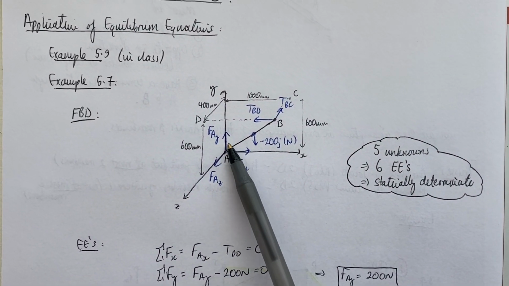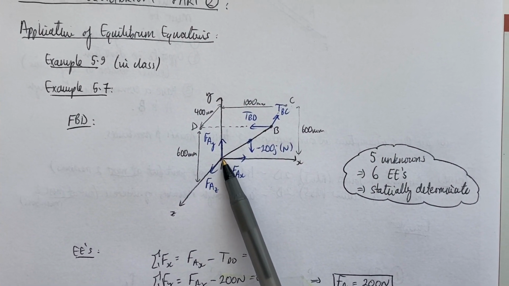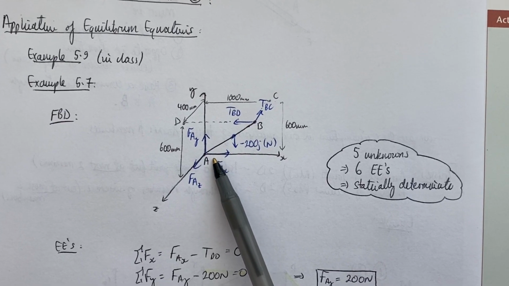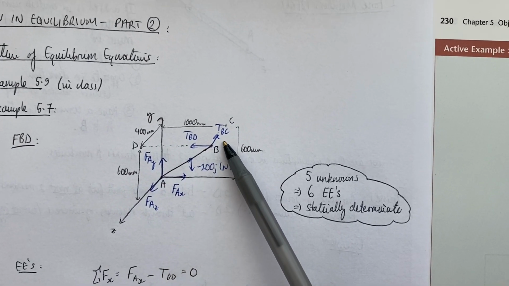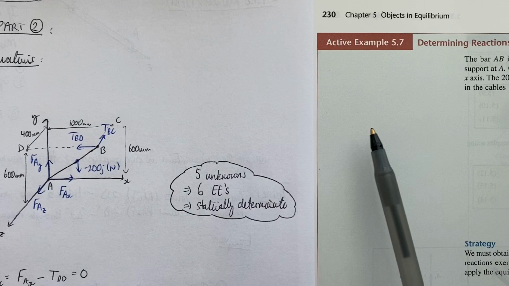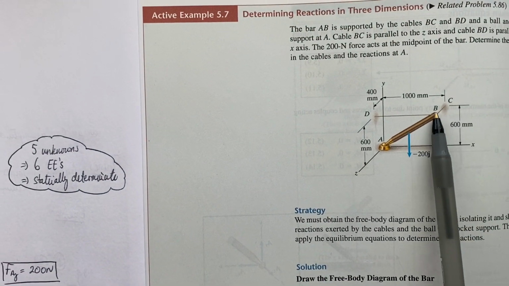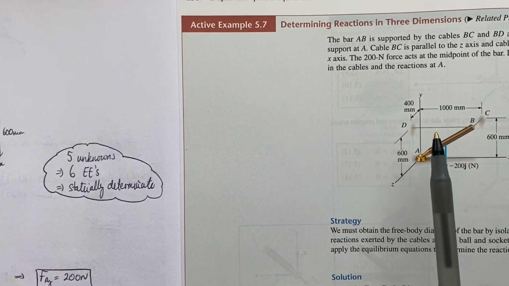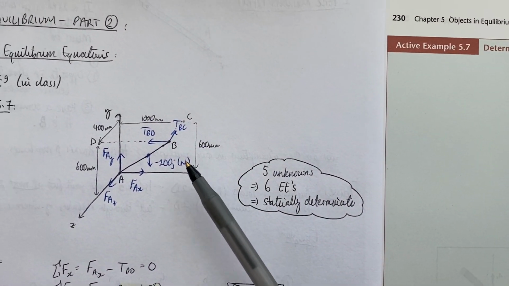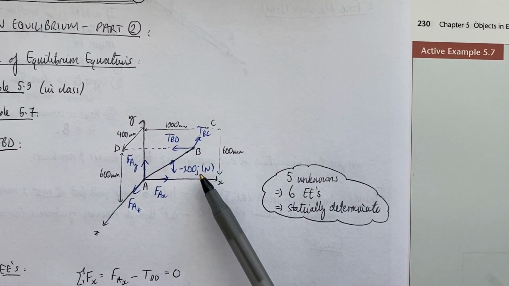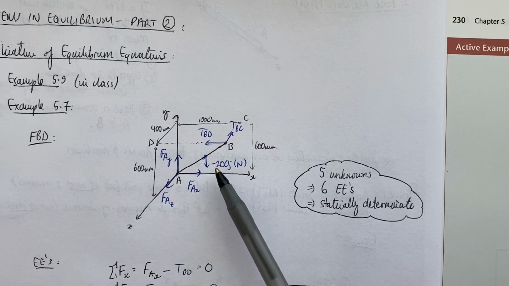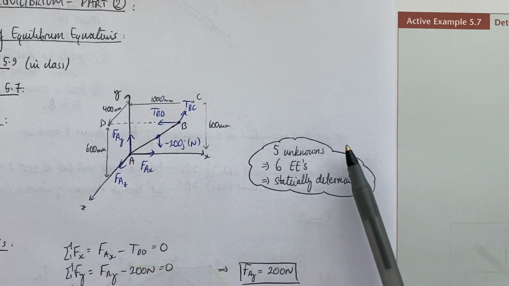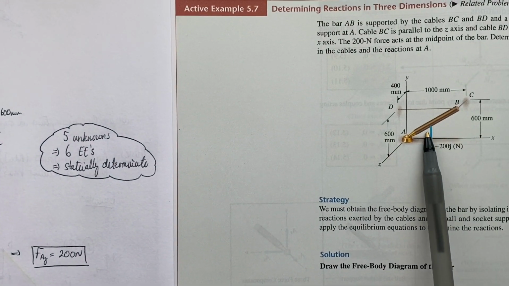So we have 3 reaction forces but no moments. Then I've just got my 2 unknown tensions in these cables, which, as we said, were parallel to the Z and X axis respectively. And then I've also drawn on the negative 200 J Newton force acting at the midpoint of the beam.